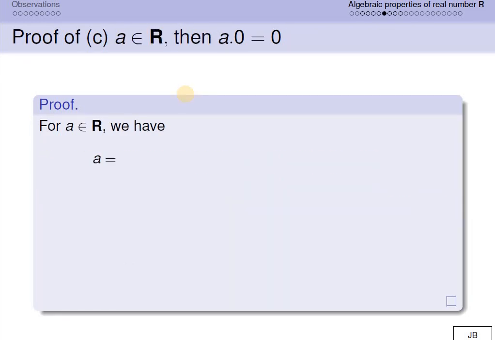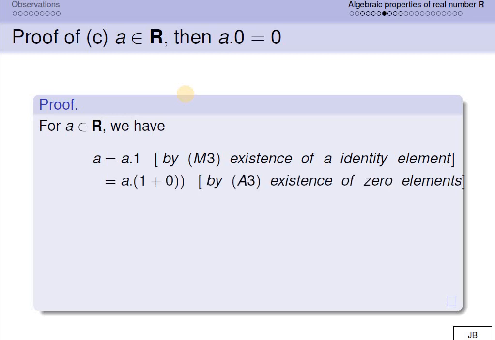Now next you have to prove that a into 0 is equal to 0. It is not given in the algebraic properties, so we have to establish this using the 9 properties given to us. This is a trial and error thing. So first we will put a equal to a into 1, by the existence of identity element. Now next we can put 1 equal to 1 plus 0.